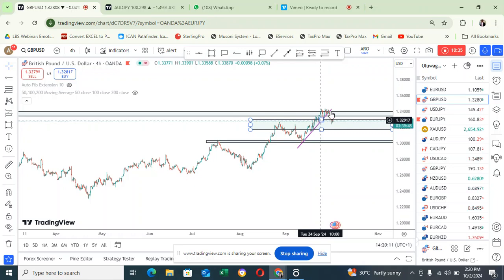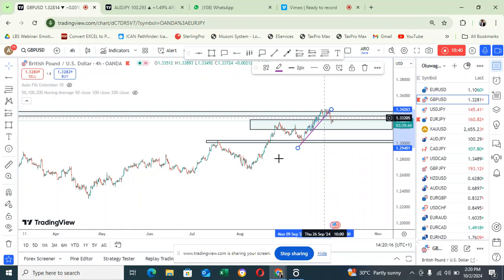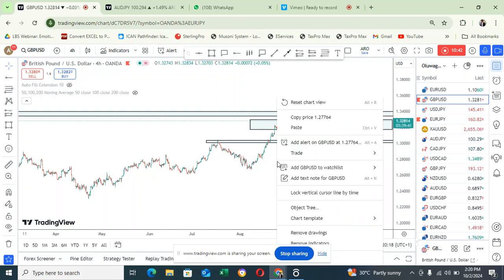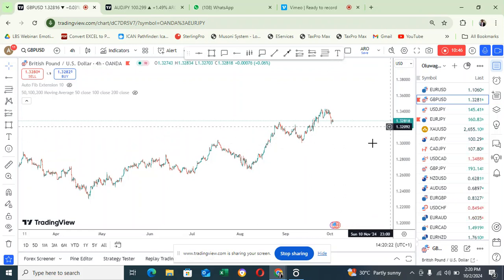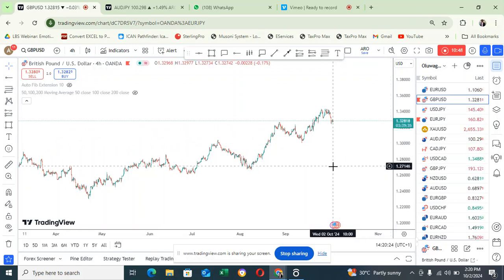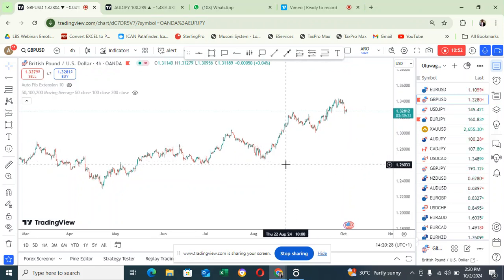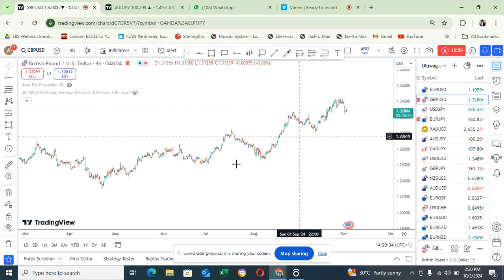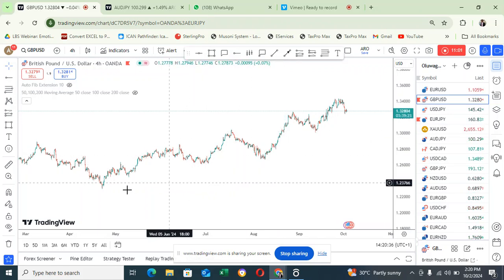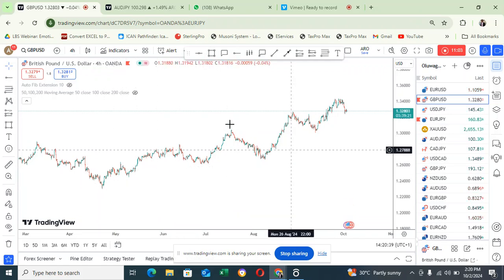I've used USD JPY to explain the downward movement, so let me clear the chart. Now on GBP USD you can see the movement of the market. Presently the market is in an uptrend.